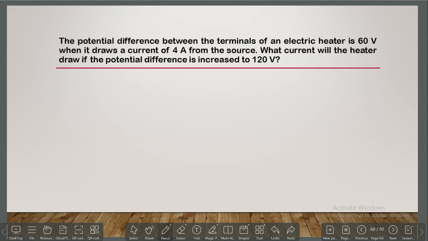Next, the potential difference between the terminals of an electric heater is, so what is the potential difference maintained across the terminals of the electric heater? V is equal to 60 volt. When it draws a current of, so by that time how much current is it taking? It's taking a current of 4 ampere. What current will the heater draw if the potential difference is increased to 120 volt?